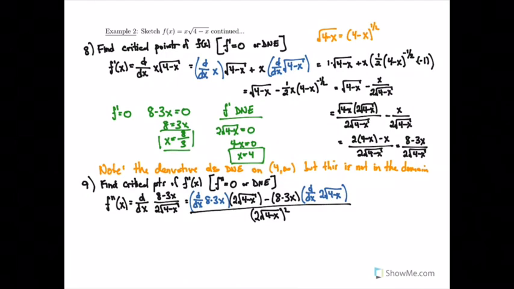Which gives us a nice thing as we have a square root being squared.